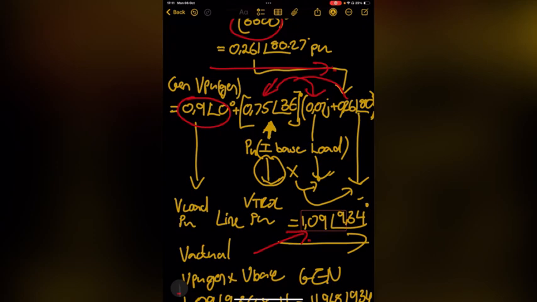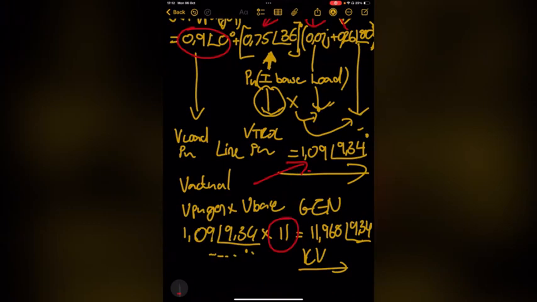So what you have to do is, yet again, transfer that to an actual value, and you multiply it with its V base. So the per unit value of the generator is multiplied by its base, which is obviously 11 kV, because its output is at 11 kV, which was its base, giving you a total of 11.968 at angle 9.34 degrees.